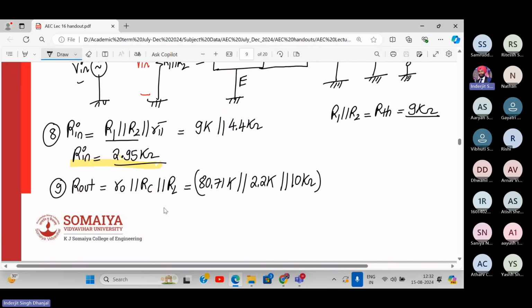Okay. So what should be the answer? Lesser than the least, right? So the answer should come out to be less than 2.2 kilo ohm. Agree? So let me know the answer. Is it 1.76 kilo ohms? Please confirm.